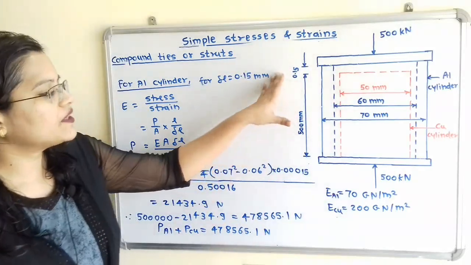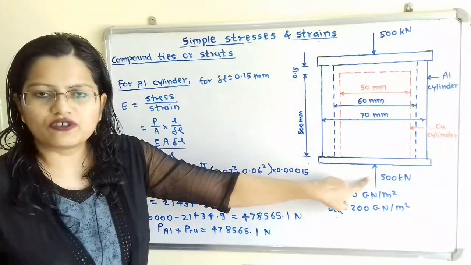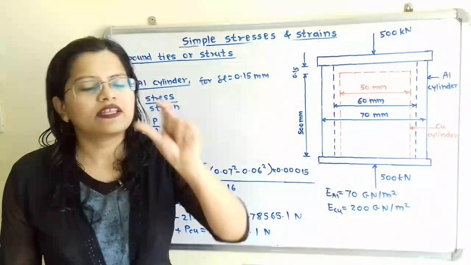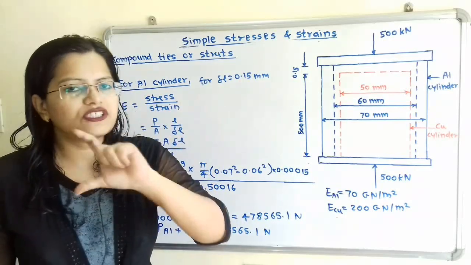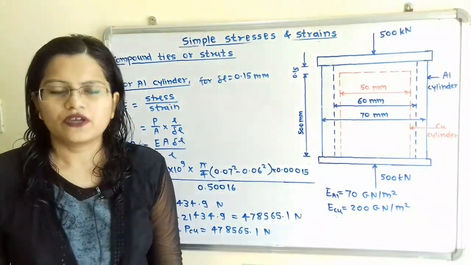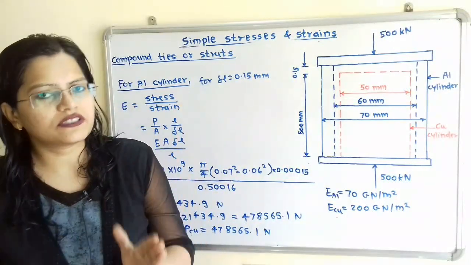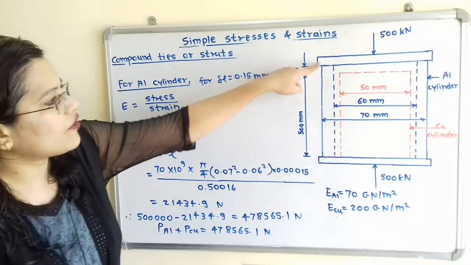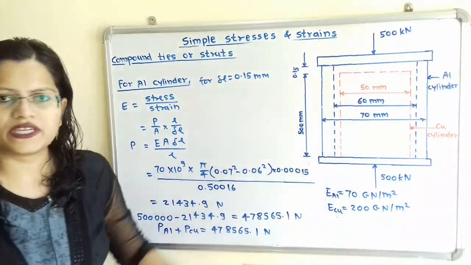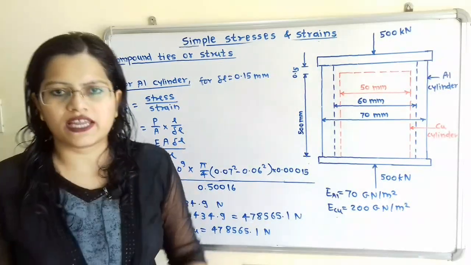Then we subtract this load from the total compressive load of 500 kilonewton, and the remaining load is shared by the two materials, aluminum and copper. There is one condition for compound ties or struts, that the lengths of the two materials should be equal, and here this is the question for unequal length.